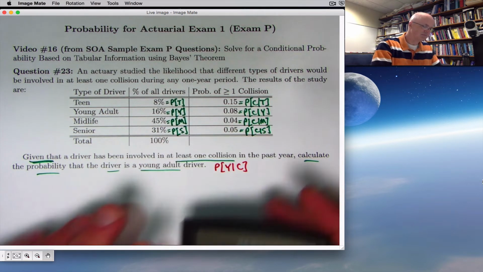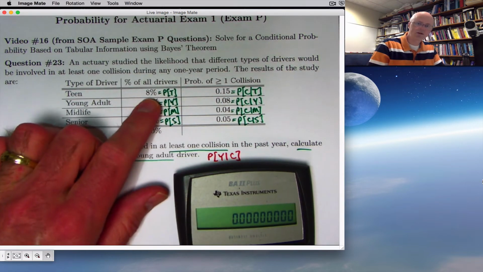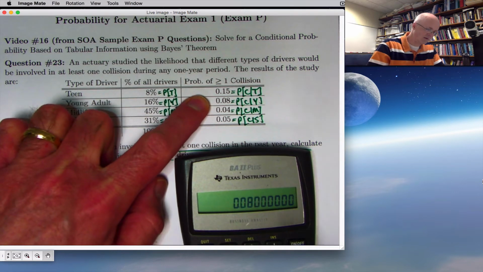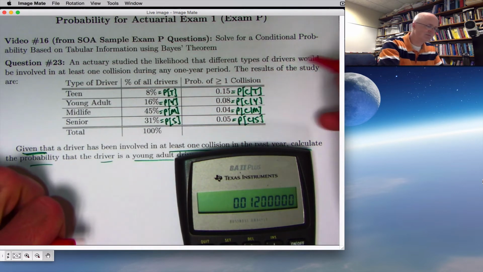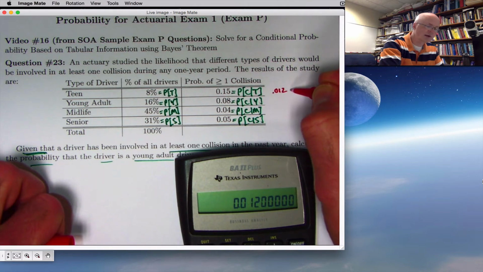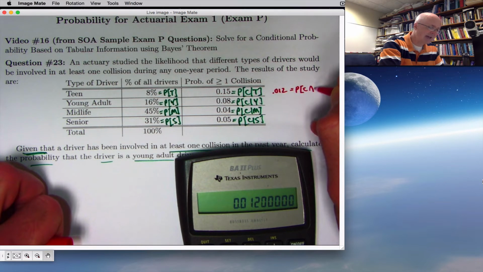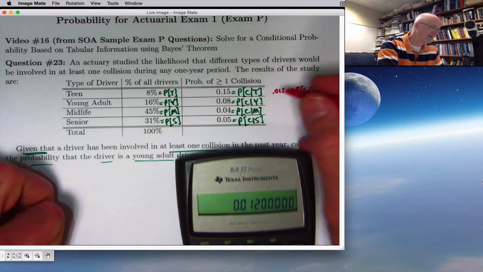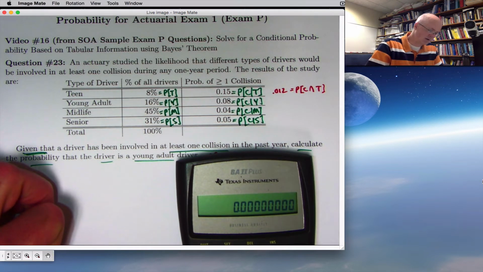For example, I take 0.08 times 0.15, I get 0.012, and that number, 0.012, by the general multiplication rule, would be the probability of C and T. A randomly chosen driver has a 1.2% chance of both having at least one collision in the last year and being a teenager. The product across the next row, 0.16 times 0.08, is 0.0128.